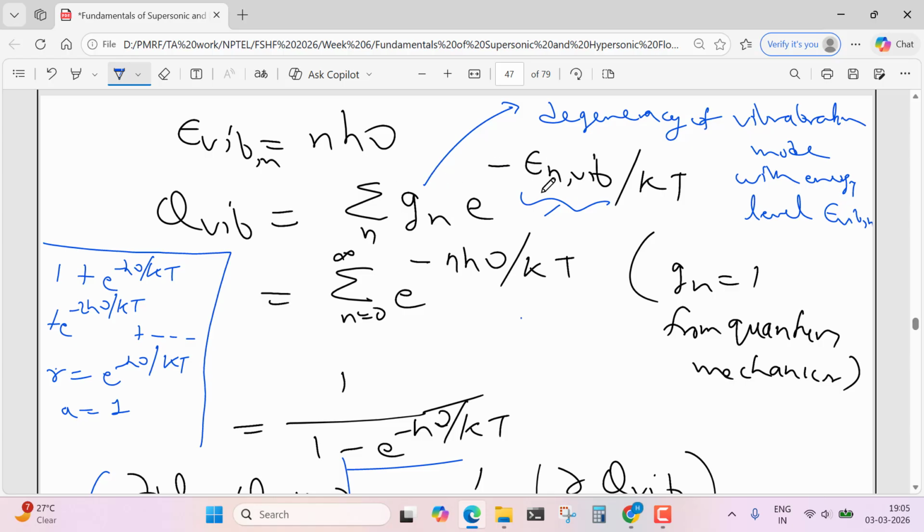So we get sigma n equal to 0 to infinity e to the power minus n h nu upon kT. And from quantum mechanics, Gn equal to 1, so the degeneracy of each energy level is 1 only.